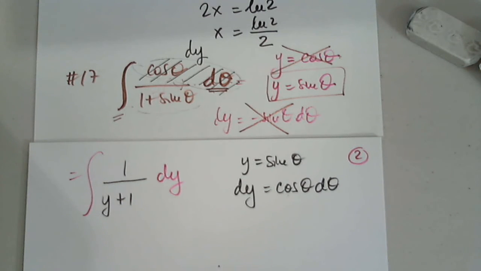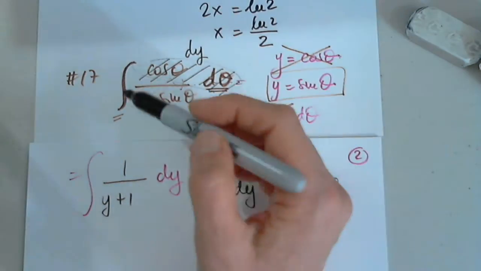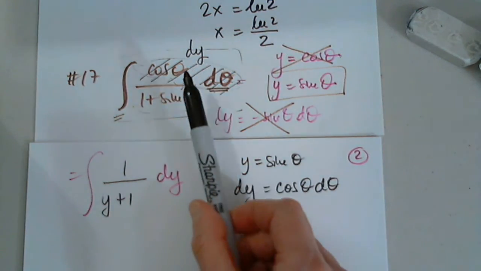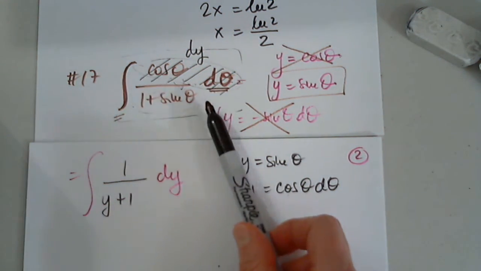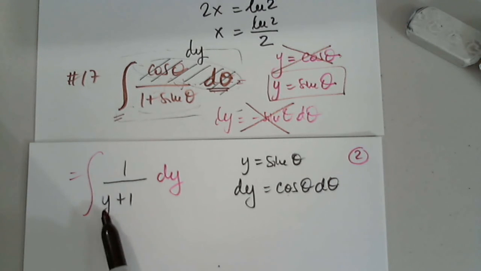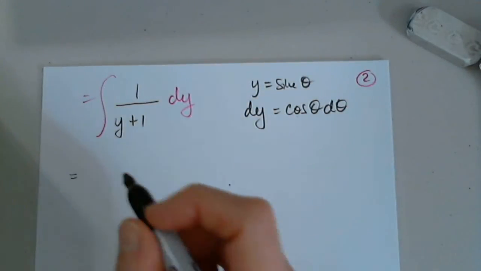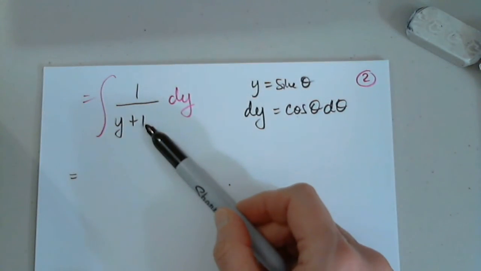Any questions so far? So what have we accomplished? A lot, actually. We changed an integral that had a numerator, a denominator, different functions into the integral of 1 over y plus 1 dy. At this point, I know the answer, because 1 over, what function prime is 1 over y plus 1?